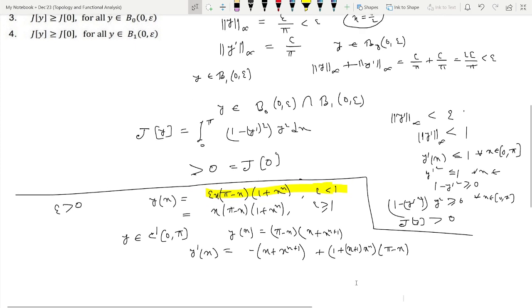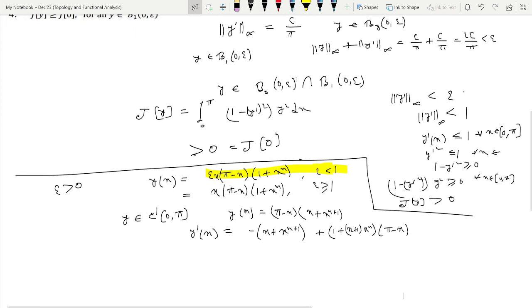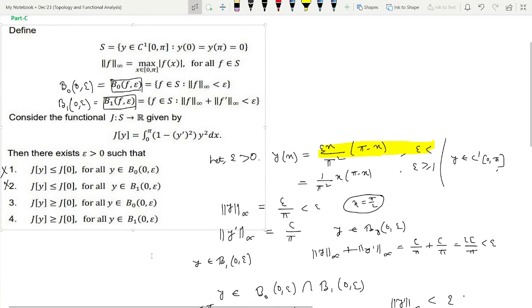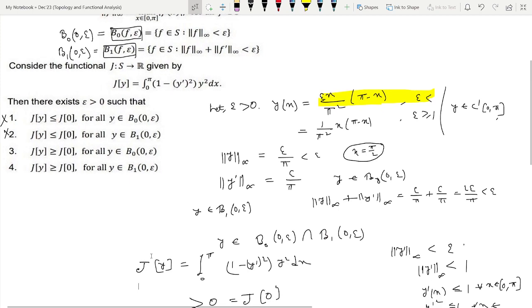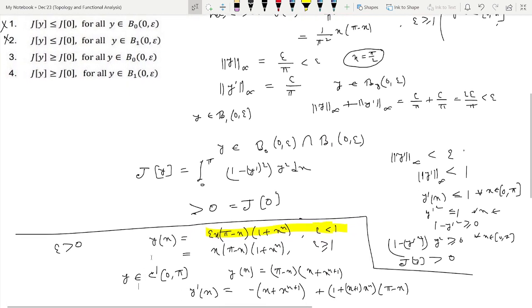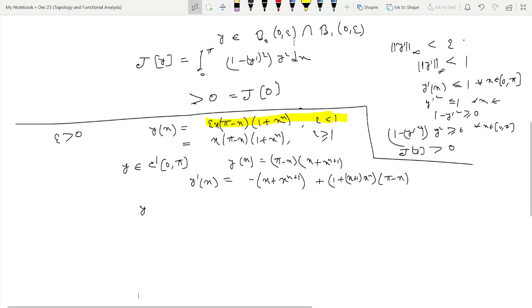Now simply check here that this is very clear, this y belongs to B00 epsilon. Exactly in a similar manner we simply verify that this norm of y will be less than epsilon.